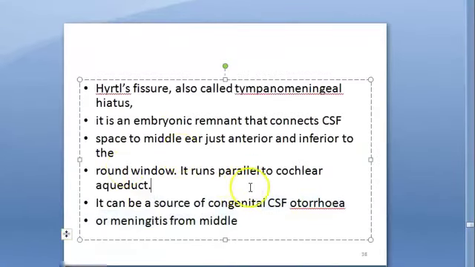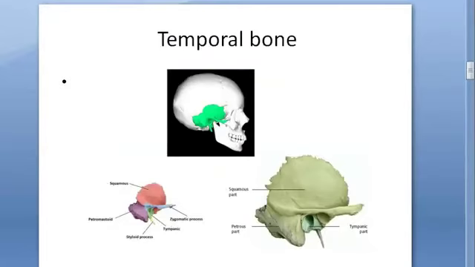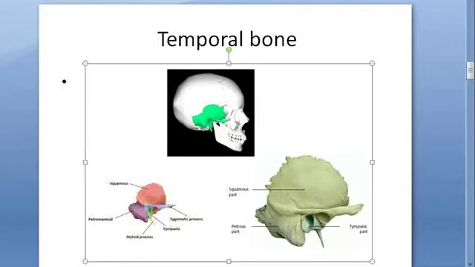If it is congenital CSF otorrhoea, then you can go for something called a fissure. But here they are not talking about the congenital. They are saying cerebrospinal fluid otorrhoea. This can be there in temporal bone fracture, that is the petrous part of temporal bone. This is the petrous part of temporal bone, right? If this part is fractured, then it can lead to cerebrospinal fluid otorrhoea.